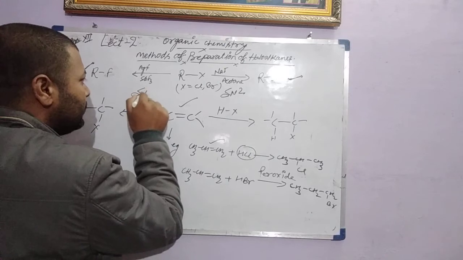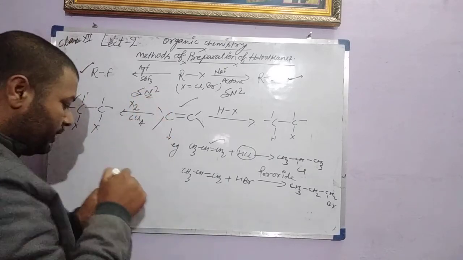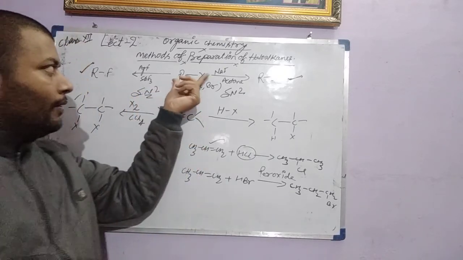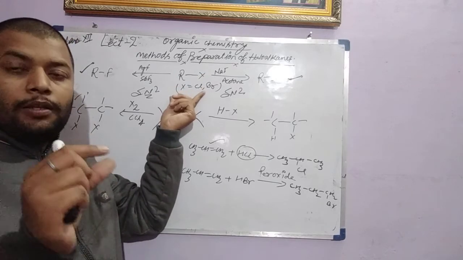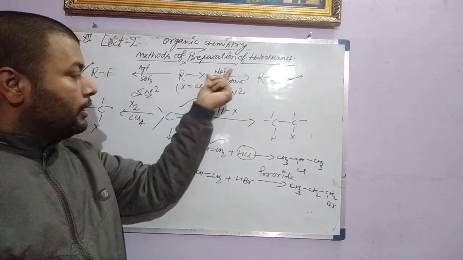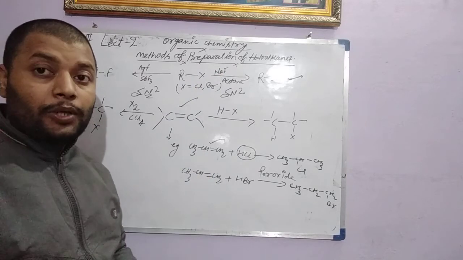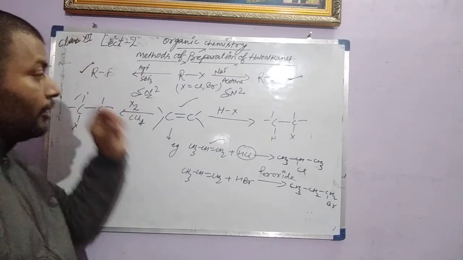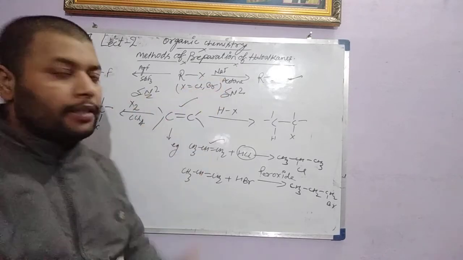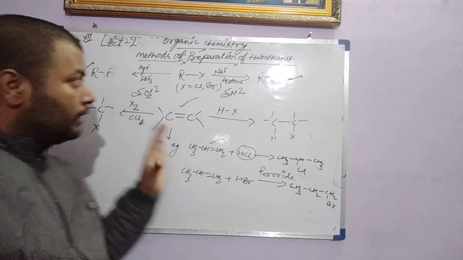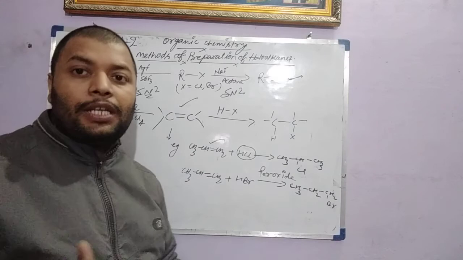Both reactions are SN2. So generally primary chloroalkanes and primary bromoalkanes respond quickly in the presence of sodium iodide or potassium iodide or silver fluoride to form fluoroalkane and iodoalkane.